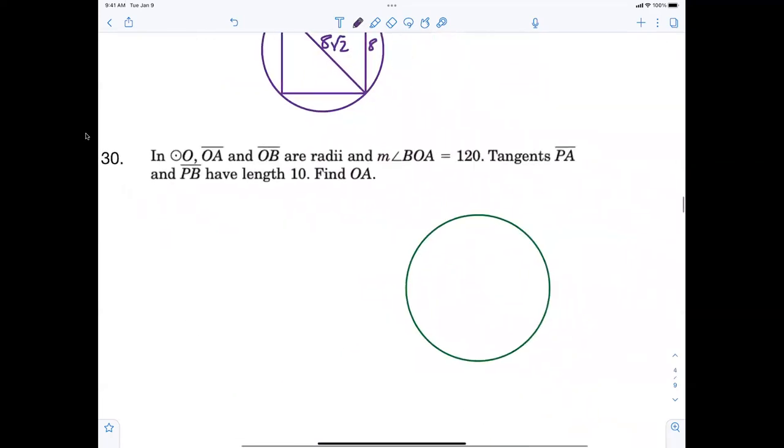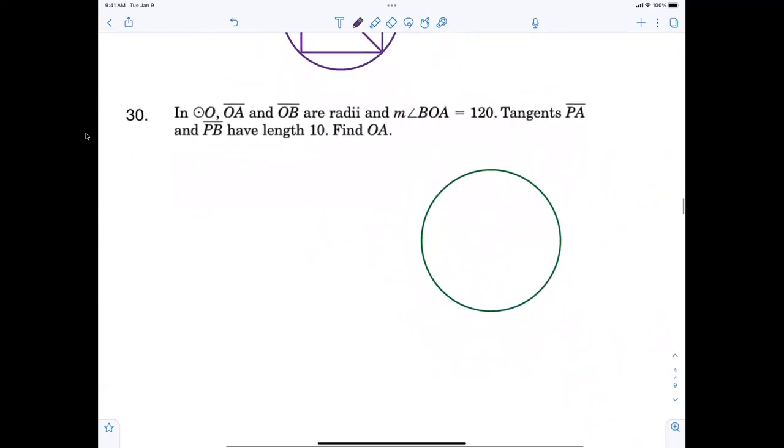30. All right, I just drew a circle for you. In circle O, let's find the center, and that's O. OA and OB are radii, and the measure of angle BOA is 120.